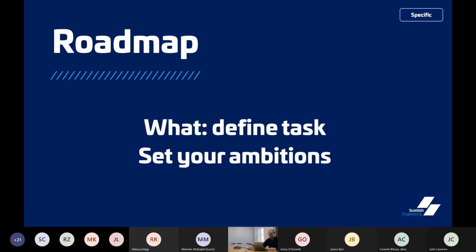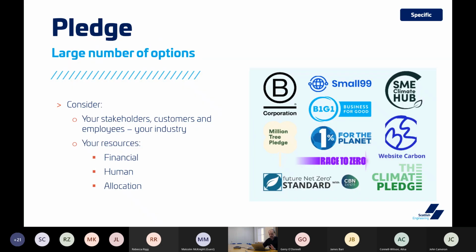So what's the what? The what is about defining the task and setting up your ambitions. One way to do it is making pledges, and there is a large number of options out there. But what you need to consider, my recommendation would be, look at the stakeholders, your customers, your employees, and your industry.